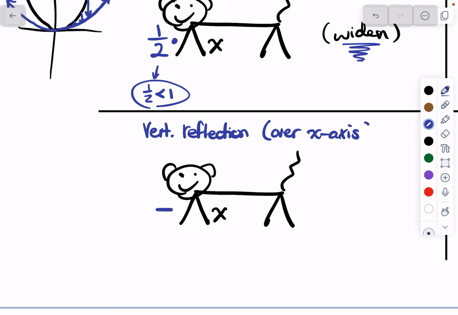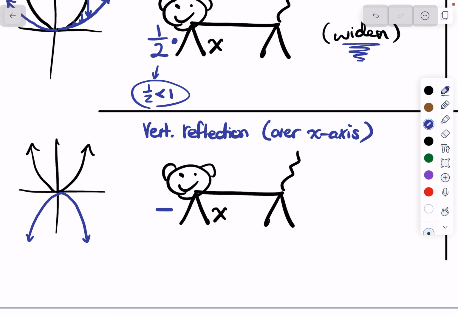You could say that as well. So that again, if I go back to my parabola example, it just flips over. It doesn't stretch or compress, it just flips over that axis, right?